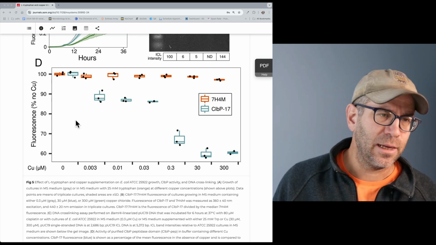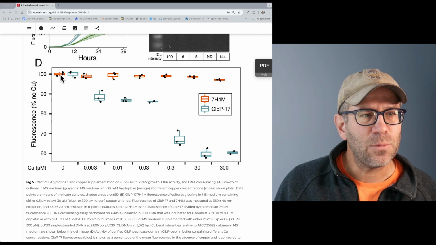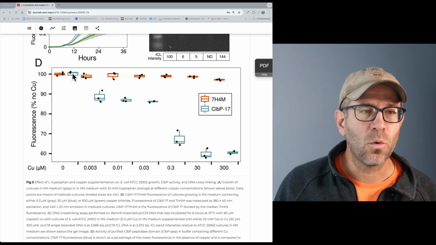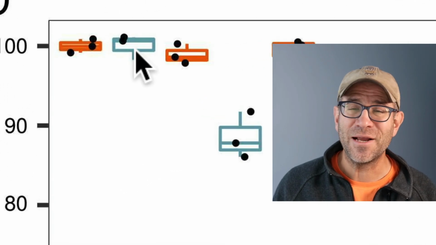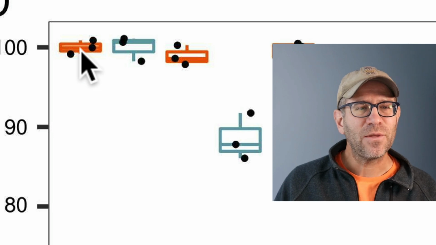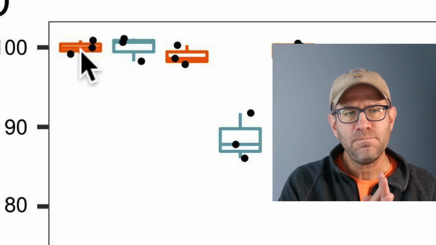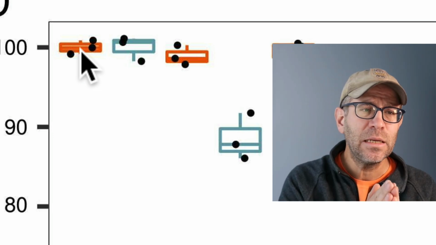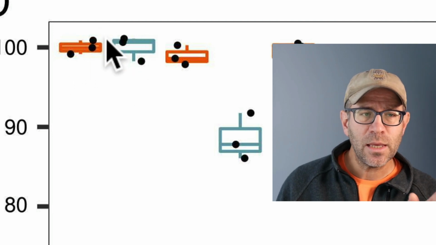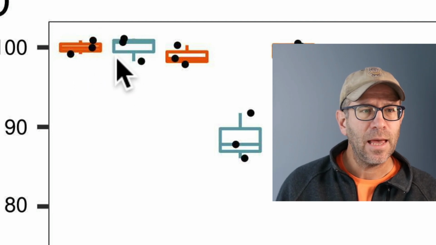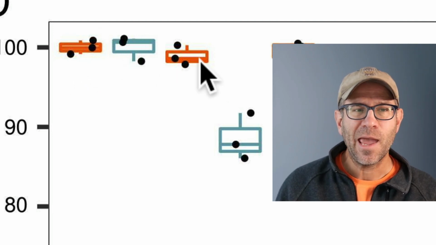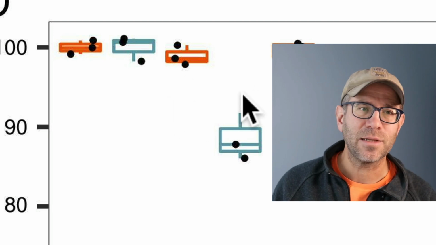The other thing that I critiqued in that video is that we have these 2 conditions, right? The orange and the blue, for the lack of a better phrase for these treatments, that they're put separate to each other, and there's a bit of a dodging between the 2 box plots within a copper concentration. And that spacing is the same as the spacing to the next copper concentration, right?